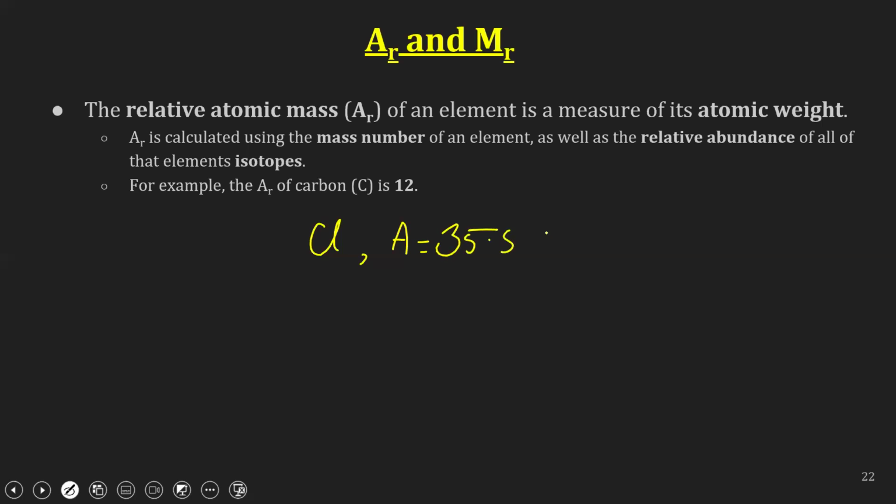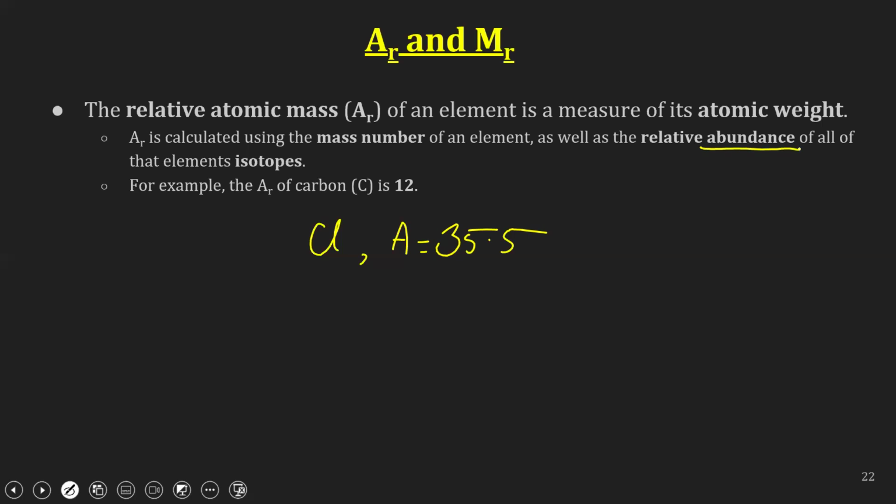The relative atomic mass of chlorine is 35.5. Why is it 0.5? Why is it not a whole number? Because we have a concept of relative abundance.